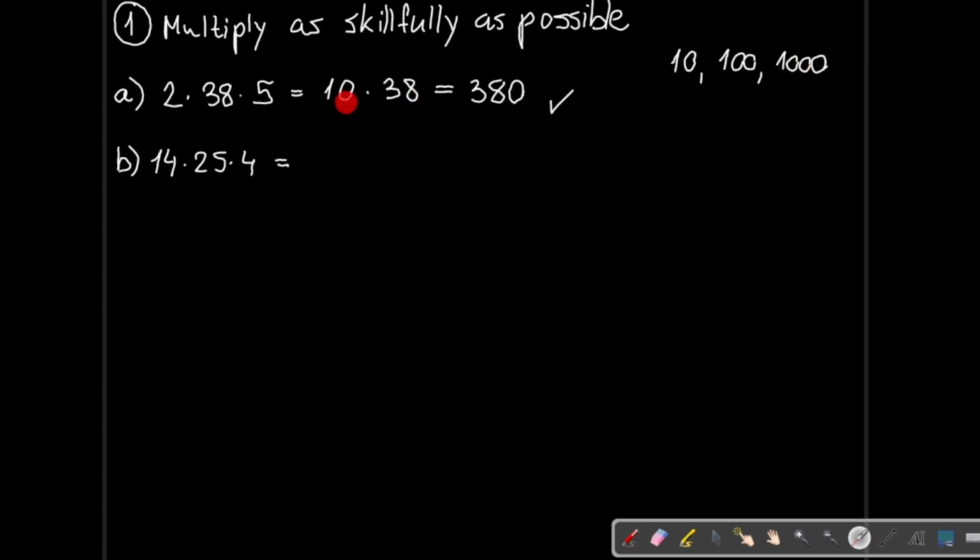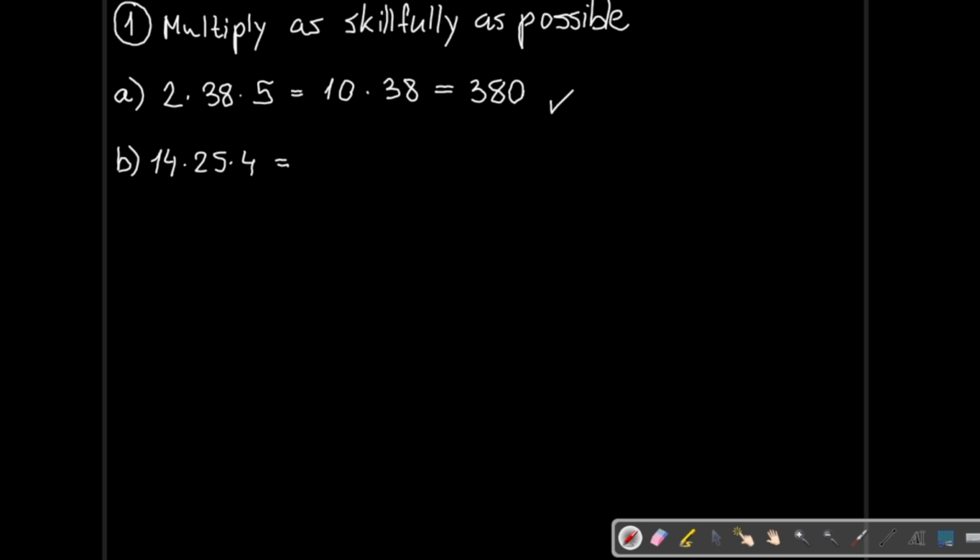So in this case we added 1 zero. If we multiply by 100, we add 2 zeros. In this case we add 3 zeros, and so on. So these are like the easiest multiplications, and that's why we want to see that in our next example.